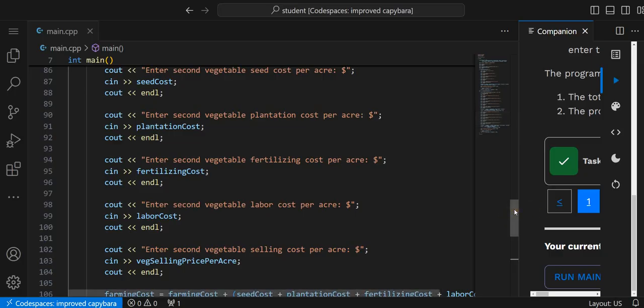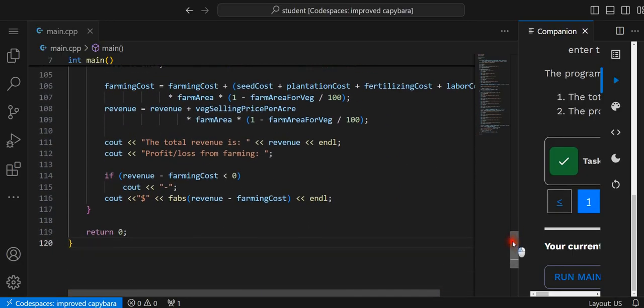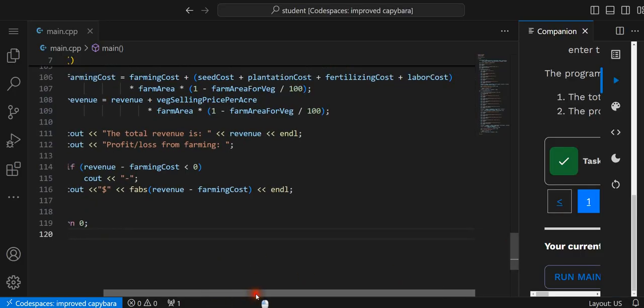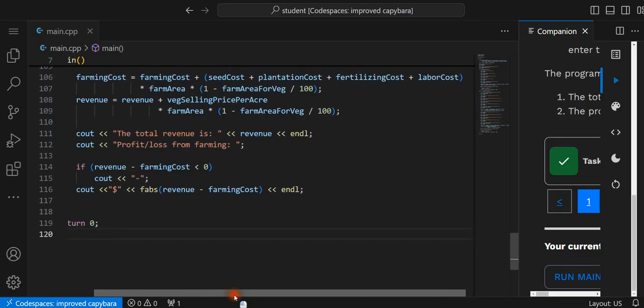Alright, so if you're still doing 86 to 104, go ahead and pause it, as we're going to scroll down and let you see line 106. How it ends, and that's it. The whole line.